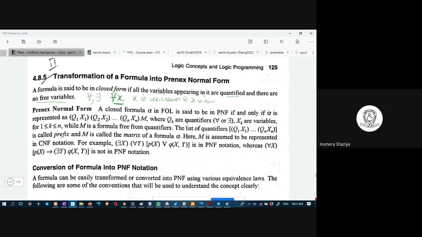All ice creams are sweet. The for all quantifier implies all the ice creams, any flavor, any company, any type.